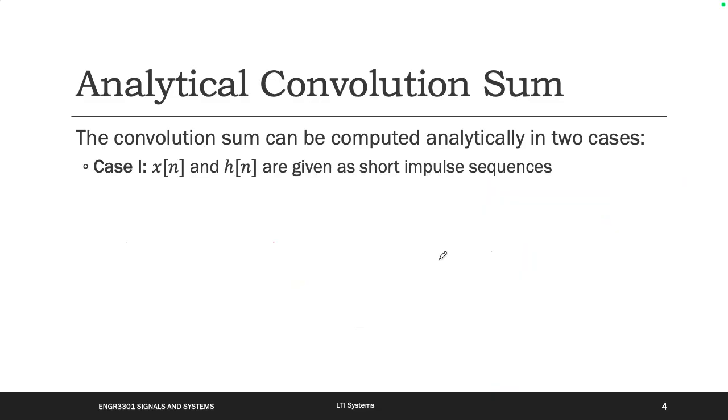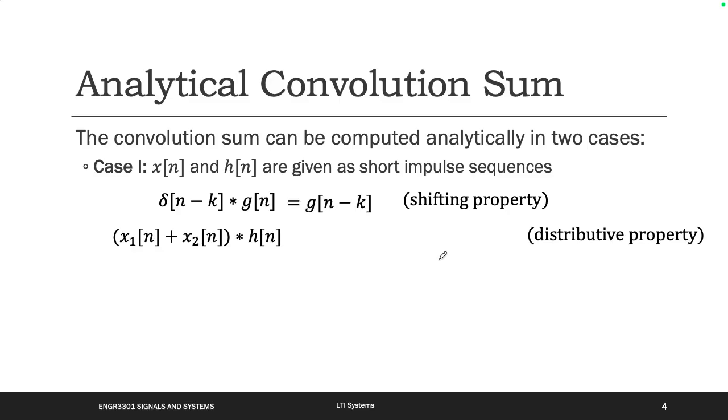Case one is when x[n] and h[n] are given as short input sequences, very simple ones. Then you can use the shifting, distributive, commutative and associative properties to get a simple format to represent the output. We have already talked about some examples, and you can review that.